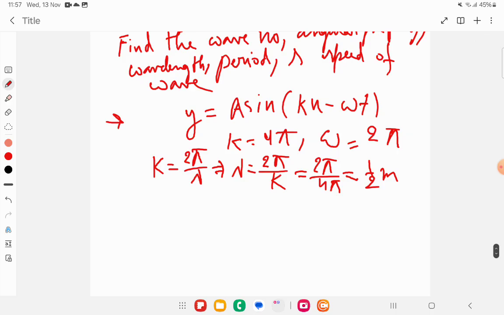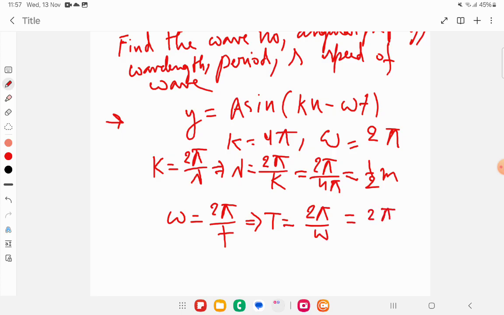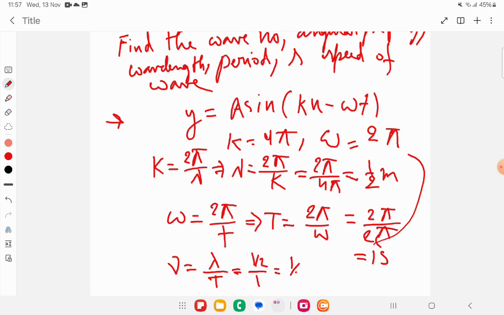We also know that omega is equal to 2 pi by T. T is equal to 2 pi by omega, which is 2 pi by 2 pi, equal to 1 second. Speed is equal to lambda by T, which is half by 1, equal to half meter per second.